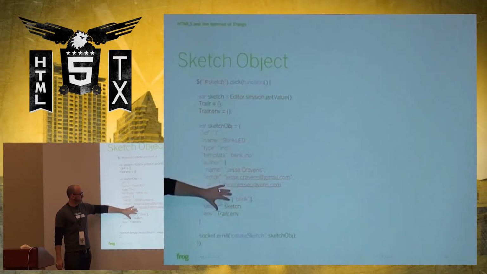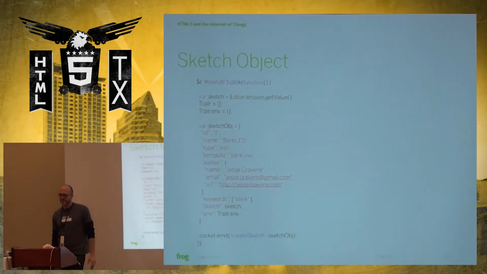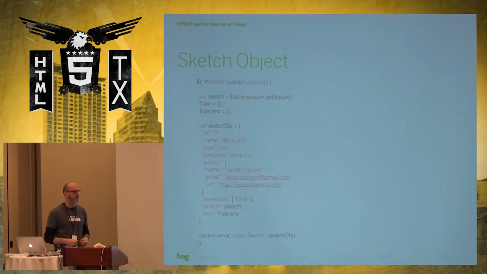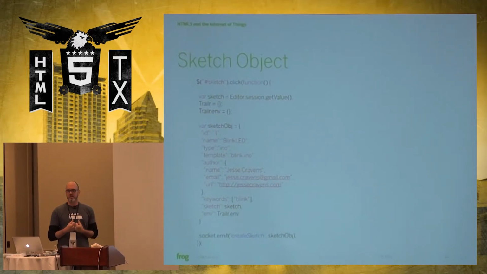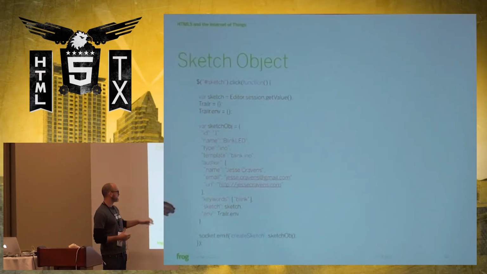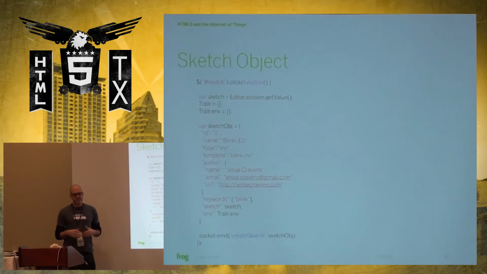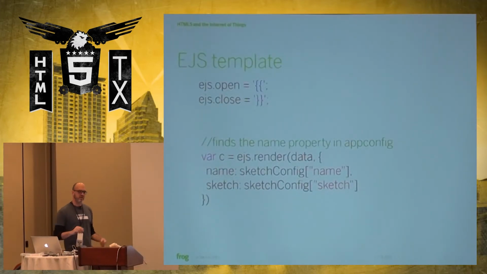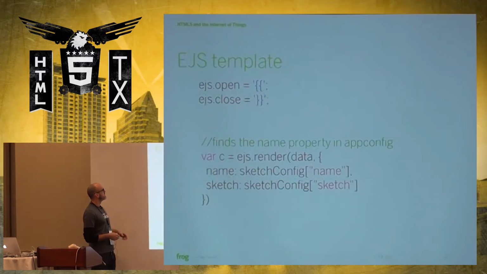When this object gets pushed over and gets built and uploaded server side, the Arduino is then going to be aware, and I call it environmentally aware, of the other microcontrollers in the environment. And you'll see later on that that's kind of the bread and butter of Trailer.